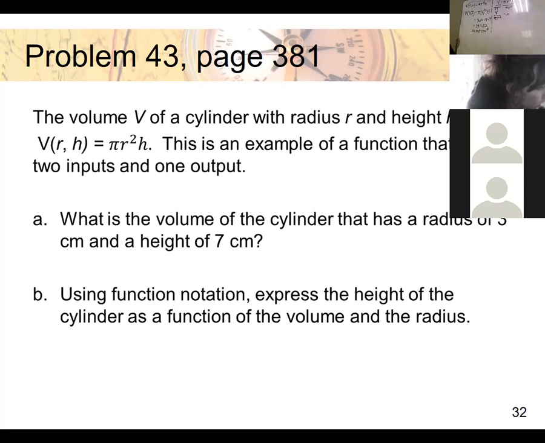Now, if we were to write that as a function where H is this, they would say H of V and R, and it'd be equal to this.